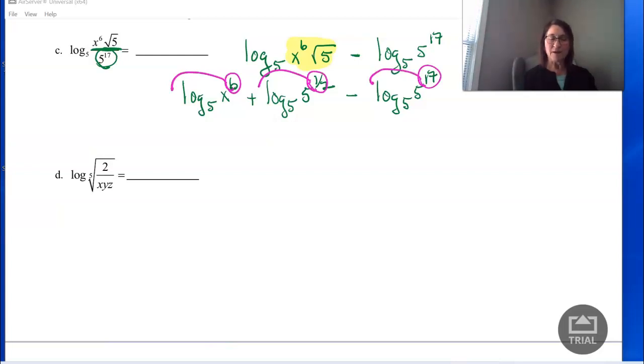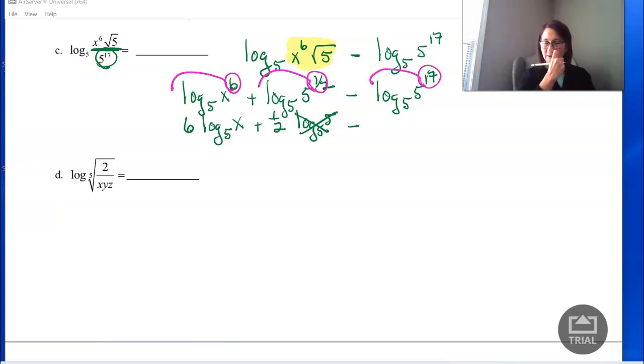Okay, so this is going to give me 6 log base 5 of x. Now, when I put the 1/2 in front, I'm left with log base 5 of 5, which is 1. So that's like multiplying 1/2 times 1, which is just 1/2.